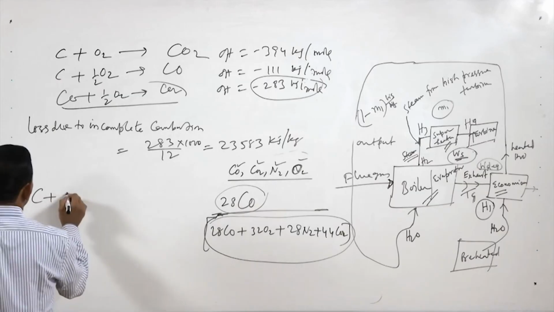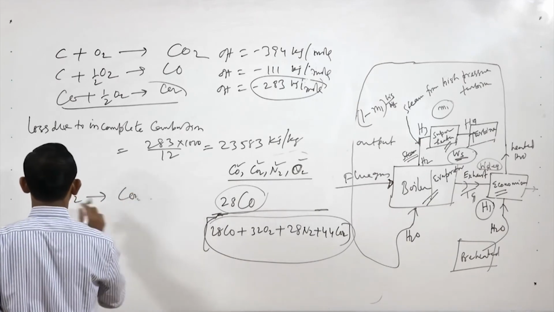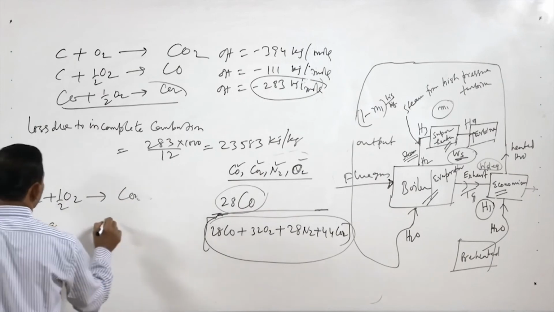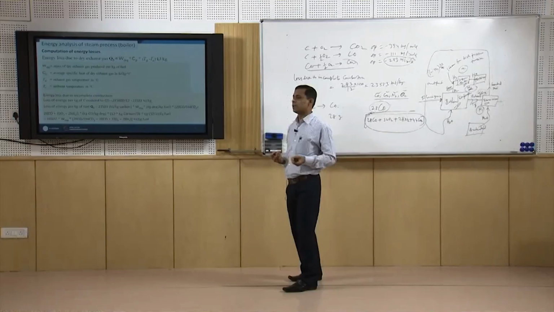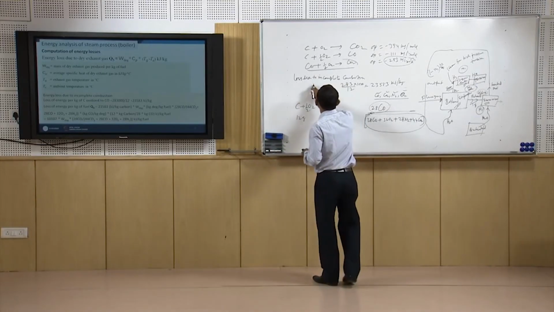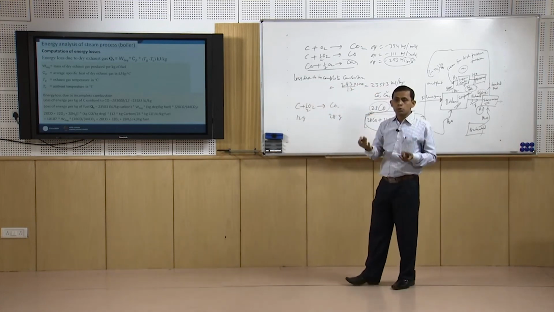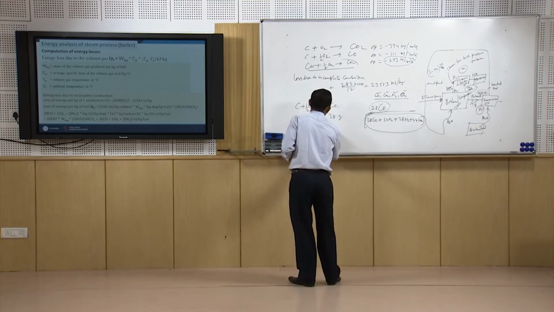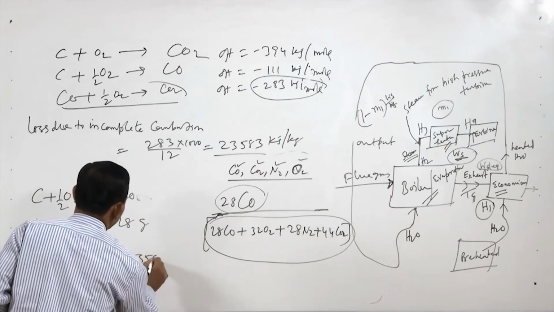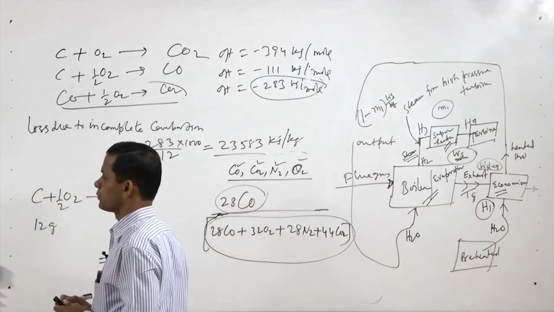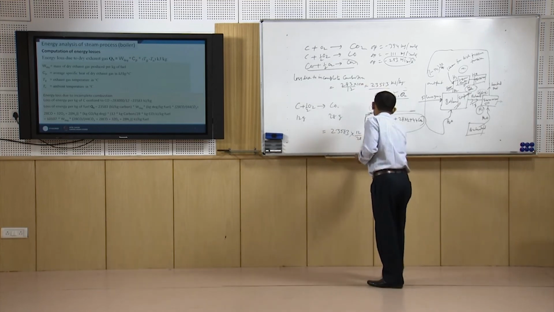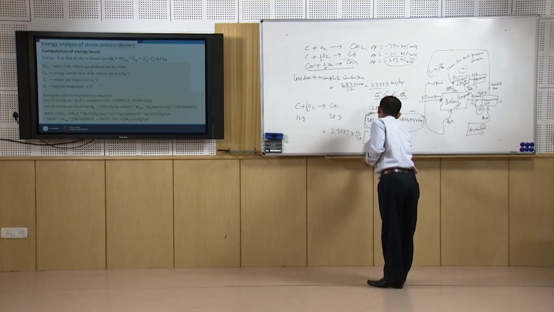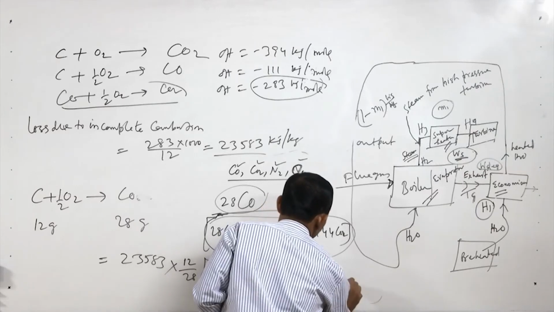Now, C plus half O2 gives us CO. So, 12 gram of C will give us 28 gram of CO. That is why the loss due to incomplete combustion in terms of kilojoule per kg fuel will be 23583 into 12 by 28 into 28 CO divided by 28 CO plus 32 O2 plus 28 N2 plus 44 CO2.